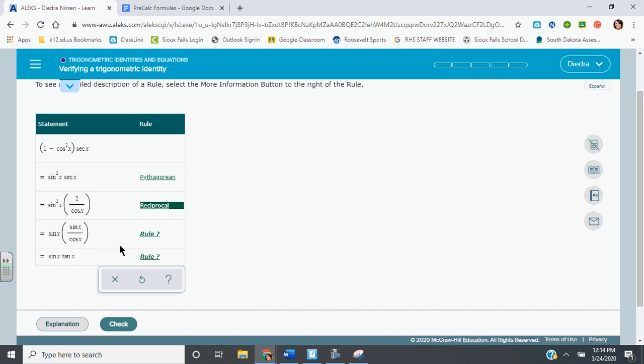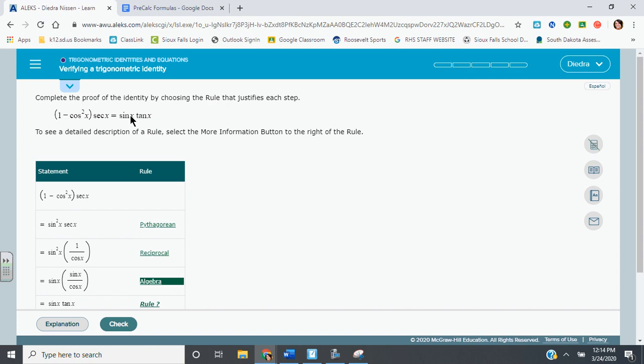Now next, I still want to continue simplifying. What I have here is 2 sines in my numerator and a cosine in my denominator. Nothing can reduce. If I had a sine in my denominator, I might be able to use some algebra and simplify. But what I can do is break apart that sine squared into sine of x times sine of x. So I'm going to say that that is an algebra step. The whole point of doing that is because, remember, I need to get a tangent of x in my answer.